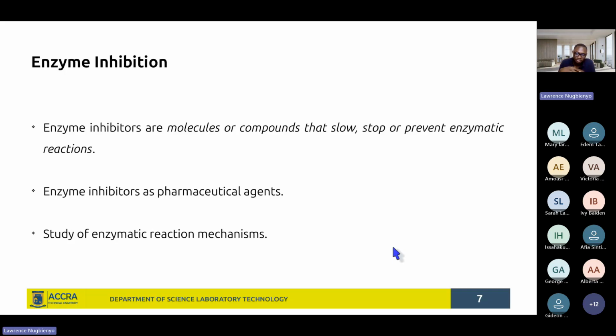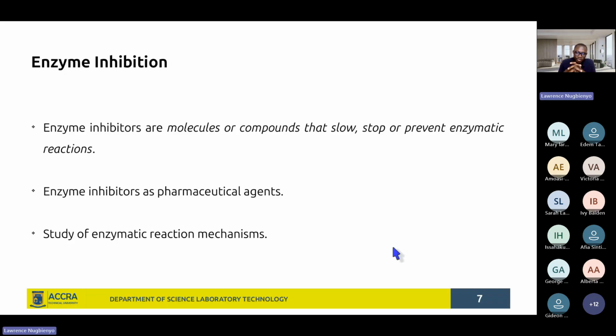These are some prosthetic parts of enzymes, non-protein parts. They are required to make an enzyme active. We also have what can slow down the activity of an enzyme or even terminate the activity of an enzyme. These we refer to as inhibitors.